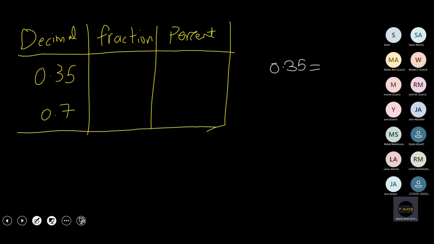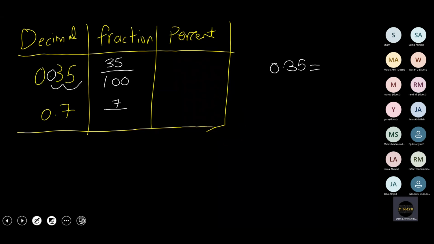You will write 35 first, up and down. You will see after how many digits from the right you will find the decimal point. After 2 digits. Since they are 2 digits, you will write 2 zeros. The second one, where is the whole number? It's 7.